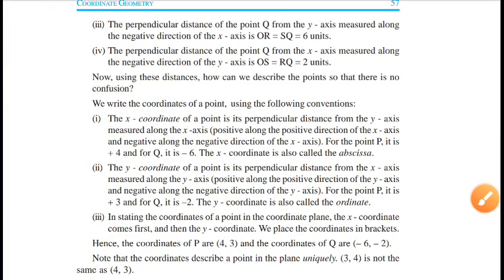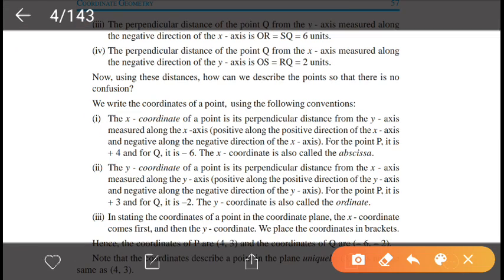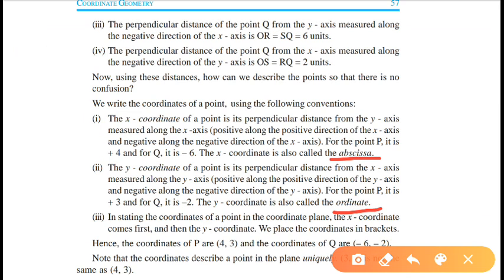Now we come to discuss abscissa and ordinate. They are important and very easy to understand if we have the basic concept, that is the perpendicular distance from the y-axis to the point and the perpendicular distance from the x-axis to the point.